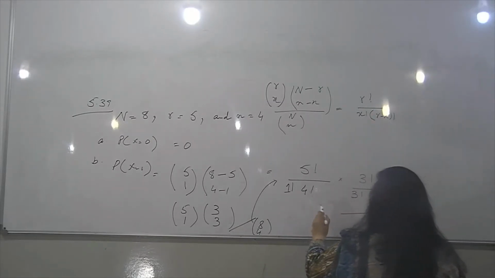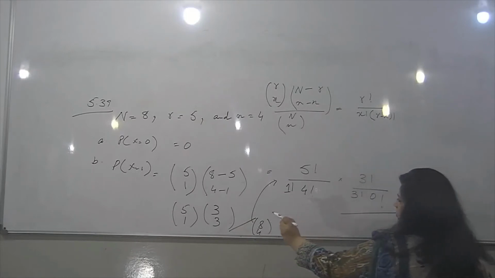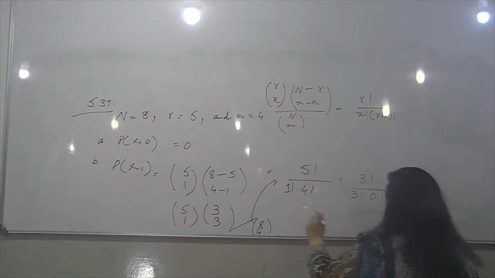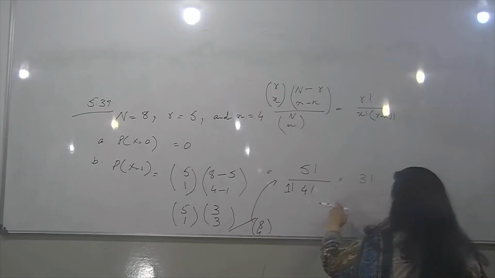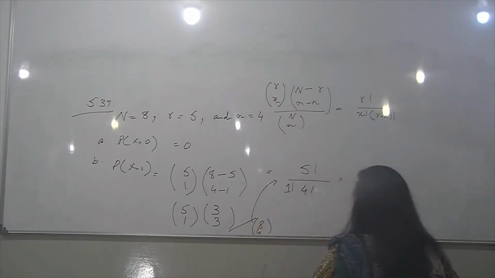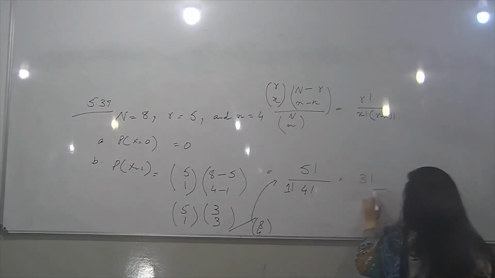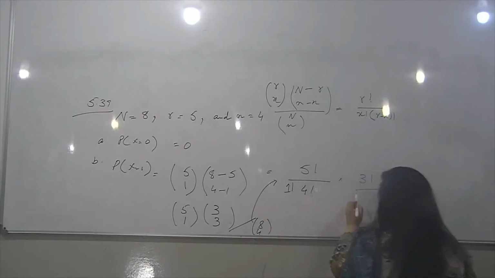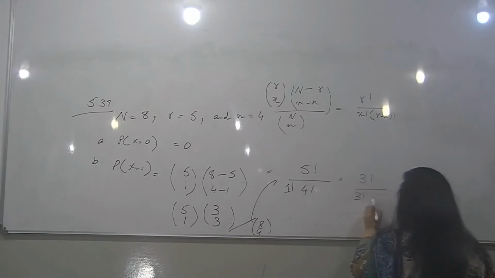Okay, so now again we have, alright, I think this was 3 over 3 factorial into 0, yeah, this was correct.